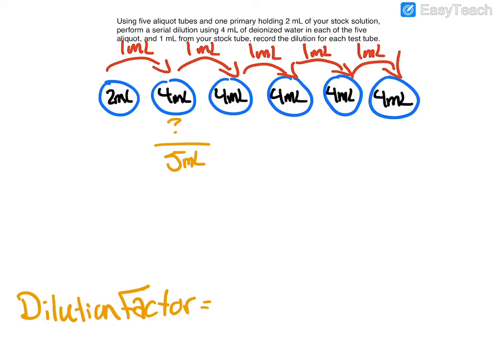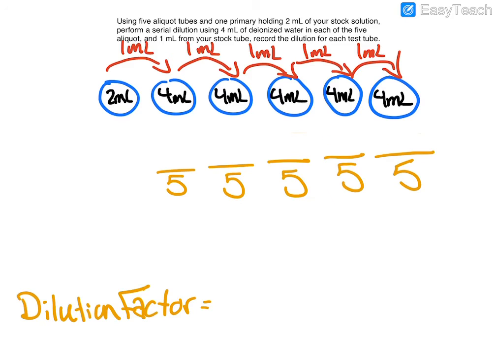So we're going to have a number over our total volume of 5 milliliters. And how we're going to set this up is we're going to put that 5 on each one. And yes, we don't need a fraction for our primary tube.